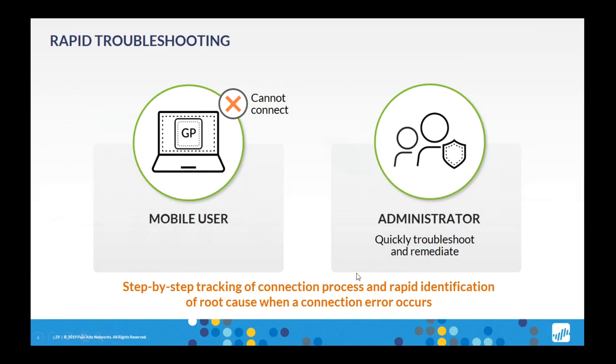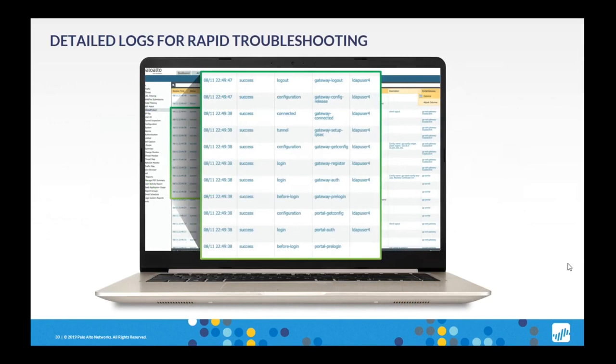So step by step tracking of connection progress and rapid identification of root cause becomes very easy with the new feature. Personally, if you go and check it out, you will be amazed to see they have made a dedicated log section called GlobalProtect, where you can see each and every step that is happening between two sites or between a client and a site, to establish the VPN.